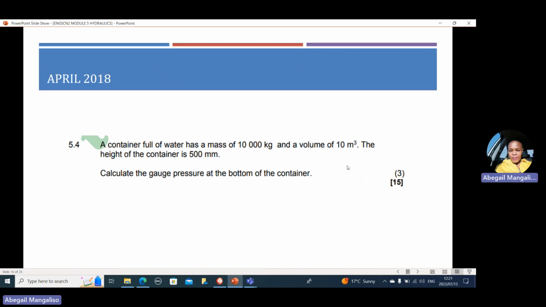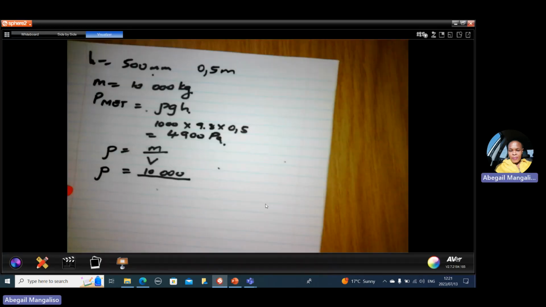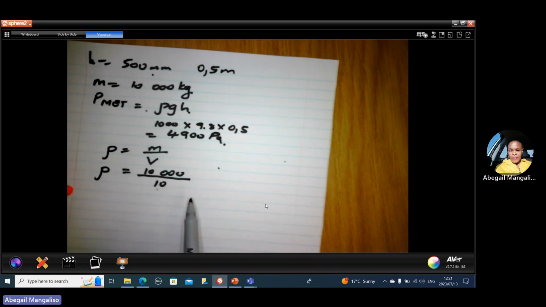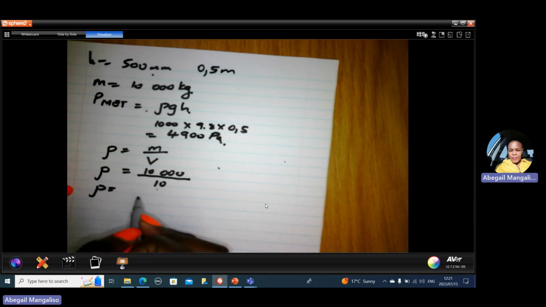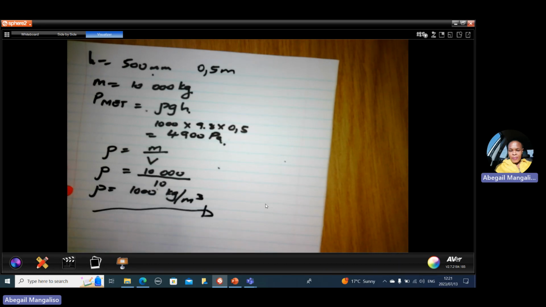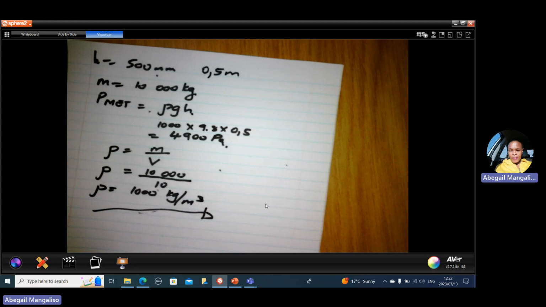So the answer will be 1,000 kg per cubic meter, which is the value that I got from the table. So when the density is not given, you can use a formula to calculate it. Or if you know that density for water is 1,000, you can just apply it in the calculation.